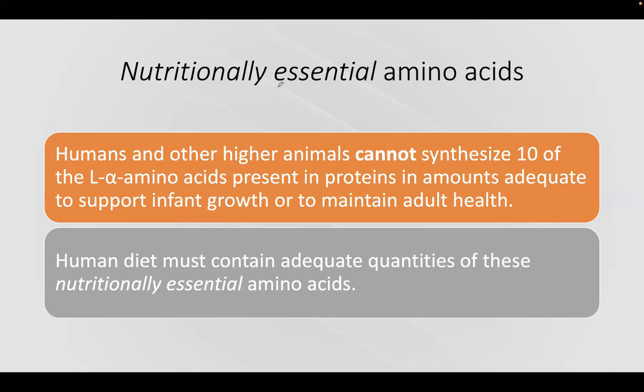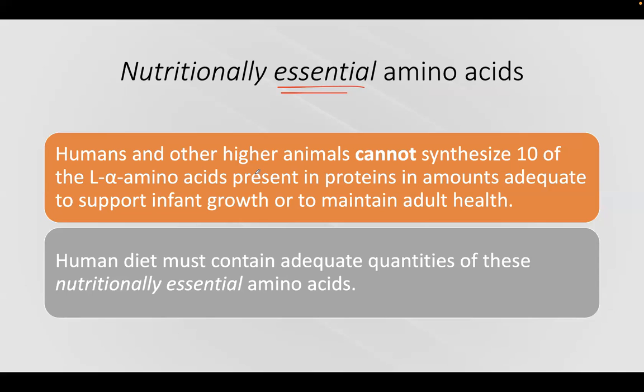Now we're going to introduce a term which everyone must bring with them to any biochem exam: essential amino acids. What do we mean by essential amino acids? These are amino acids which cannot be synthesized by the human body.